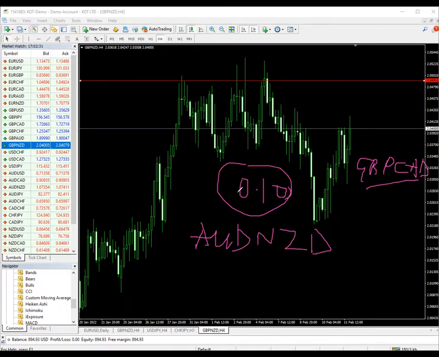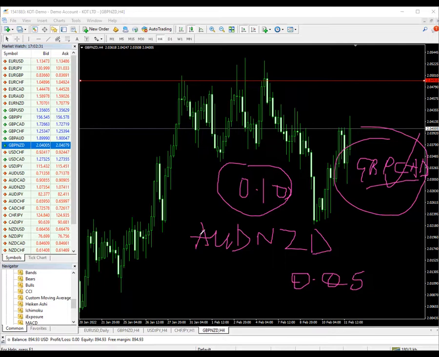So if you are using 0.10 for AUDNZD, maybe use 0.05 for GBPCAD, because GBPCAD moves faster than AUDNZD or maybe EURCHF or the other pairs, NZDCAD, NZDCHF and the rest. They move slowly.